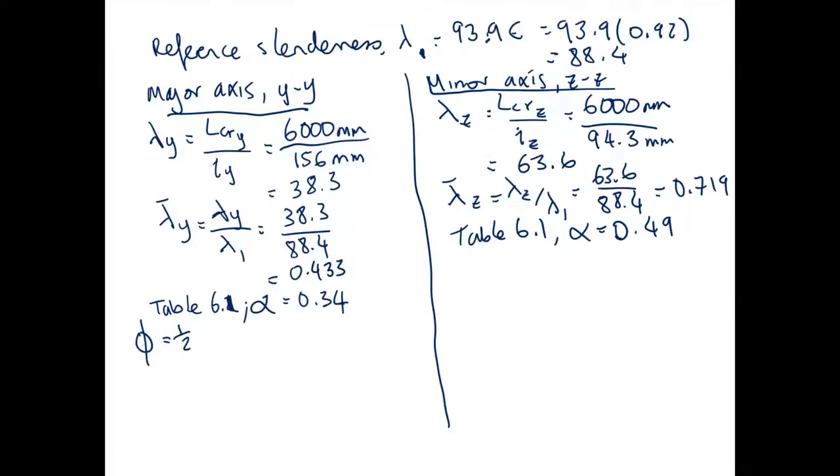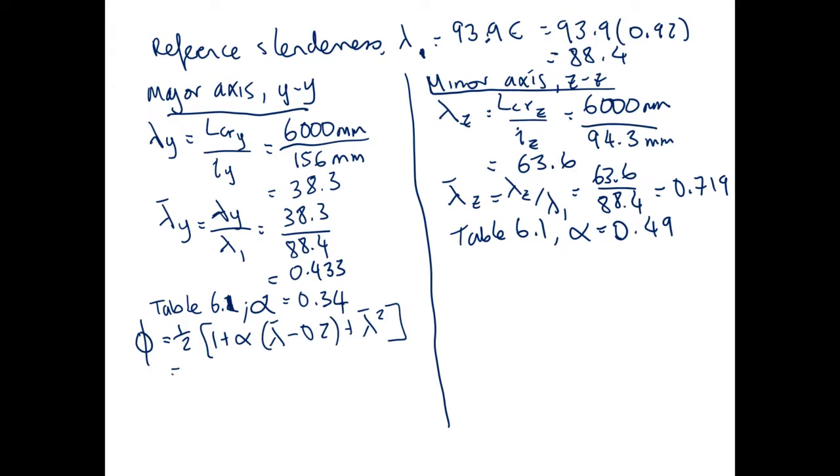Okay, so into a half into 1 plus alpha into the normalized slenderness value minus 0.2, plus the normalized slenderness value squared. Okay, so that's the equation.